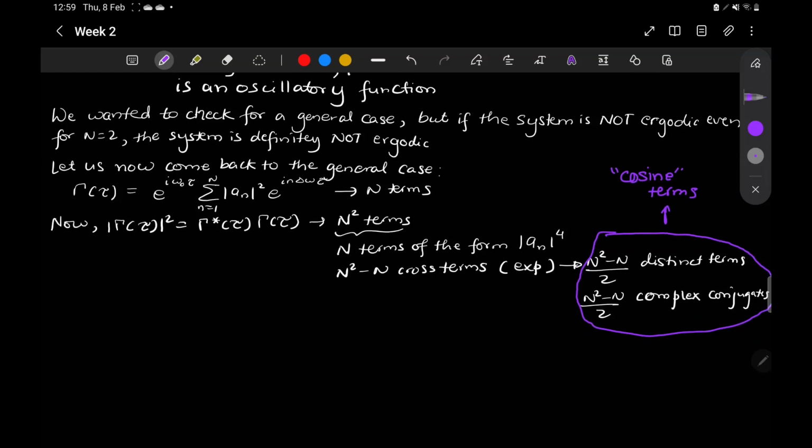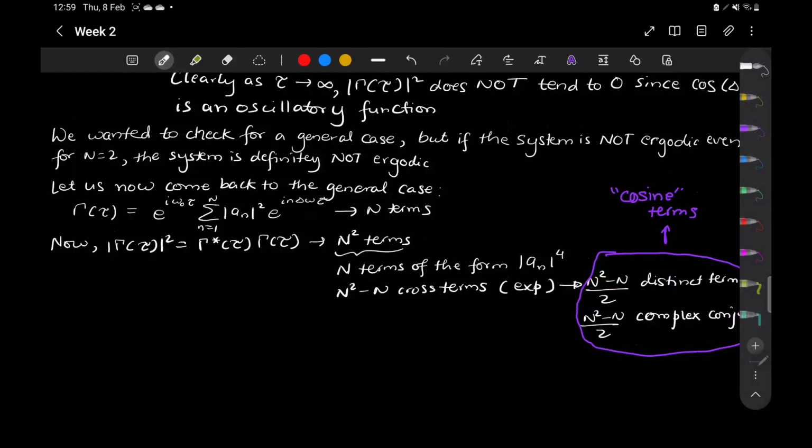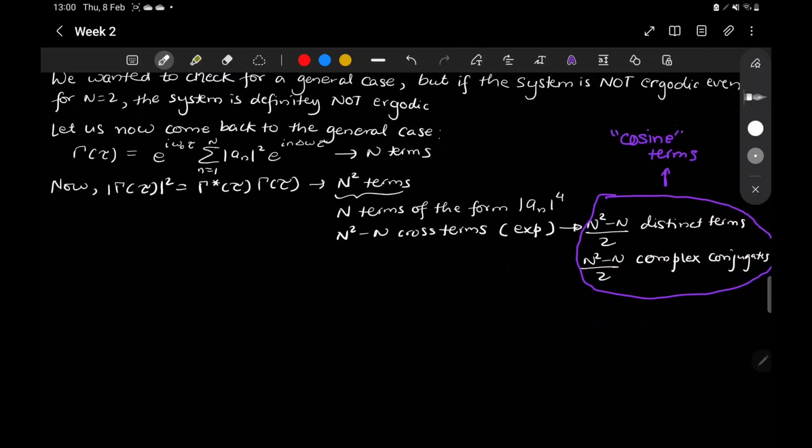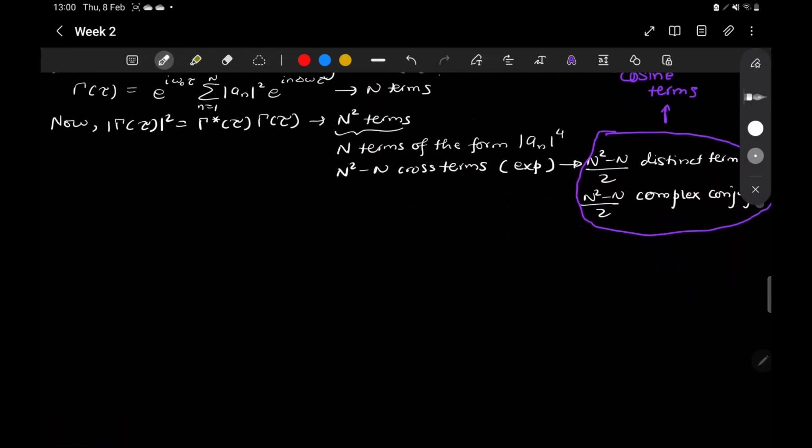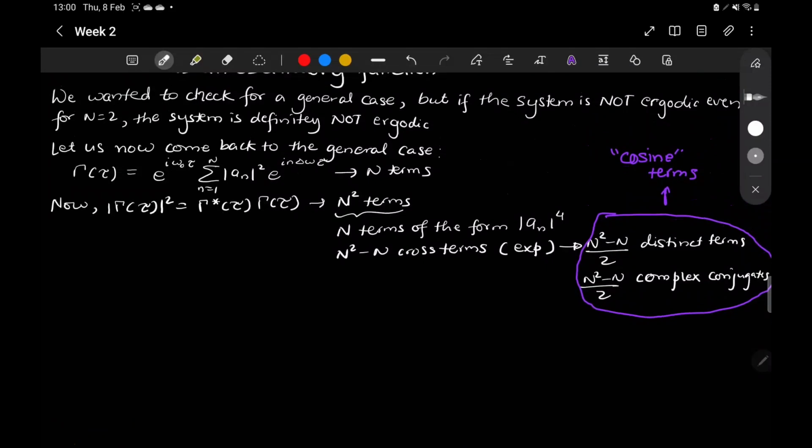And let me just write down what these terms will look like.